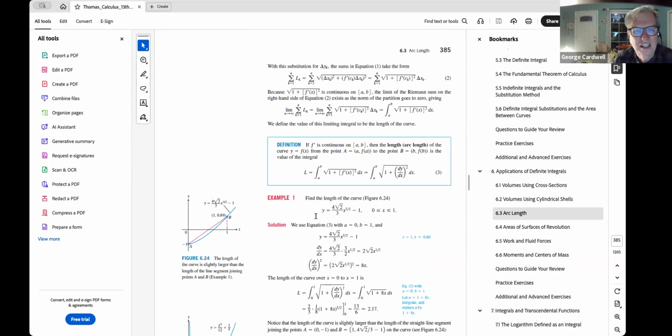So let's work this example. I'm going to go back to the whiteboard so we can manually work it. Documents, whiteboard.